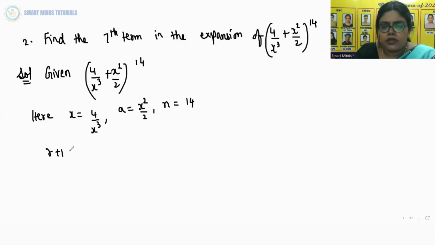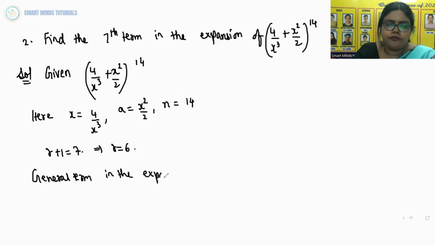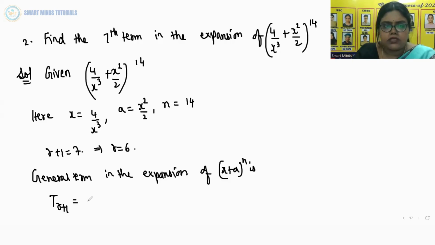Now r plus 1 is equal to 7 because they are asking us to find the seventh term. So r equals 6. Now we have the general term formula. What is the general term in the expansion of (x + a)^n? T(r+1) equals nCr x^(n-r) a^r.